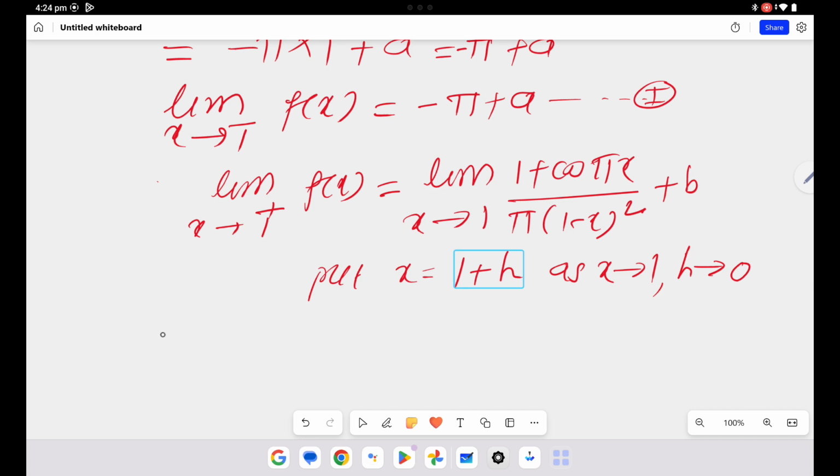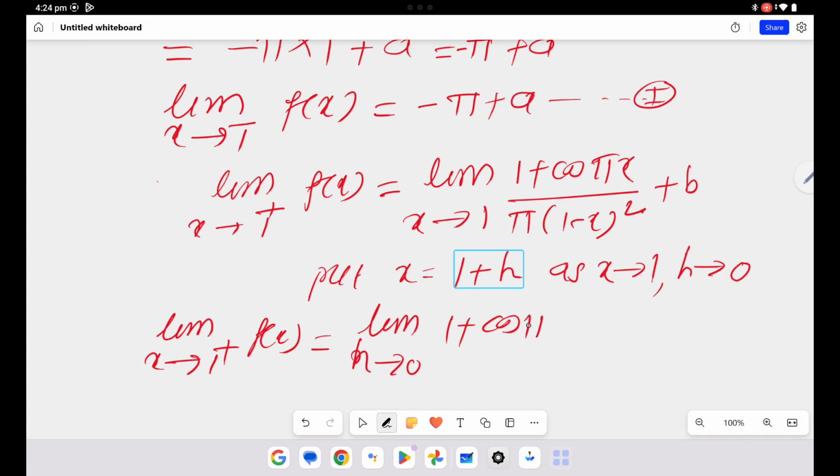Therefore the right hand limit, x tends to 1 from the right, f of x is equal to limit h tends to 0 of 1 plus cos pi x.